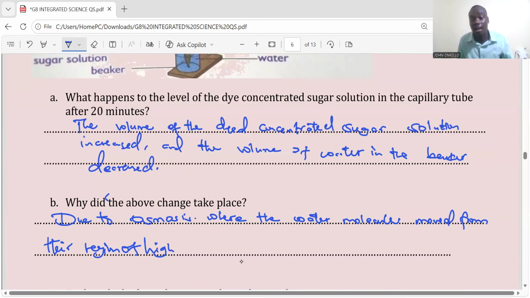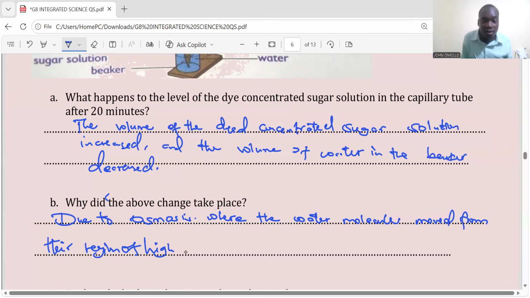There must be water there. Because where there is a lot of water, there is high water concentration. But when we want to talk about concentration alone, not mentioning water, we have to begin from low to high.